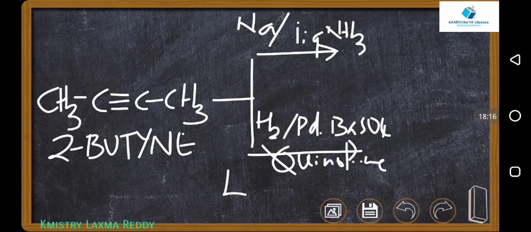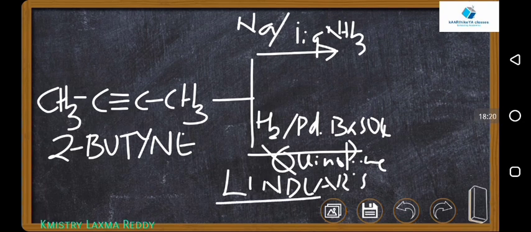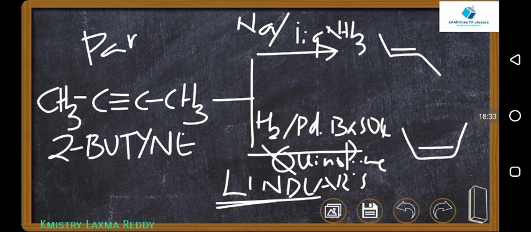This reagent is called Lindlar's catalyst. In this case, the product will be like this. In this case, the product will be like this. Both cases are partial reductions only.